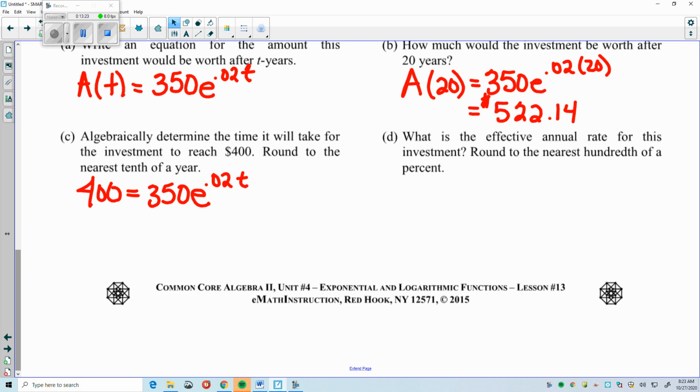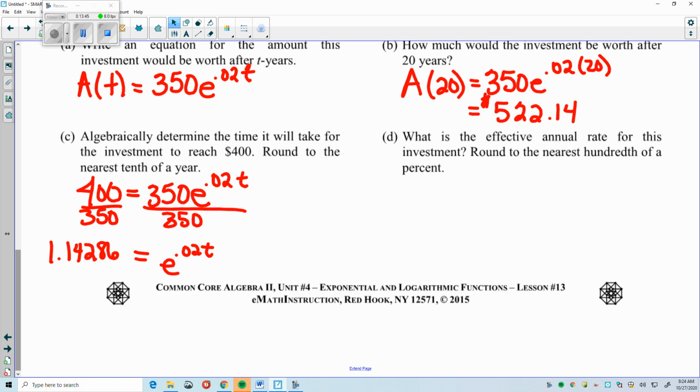Okay, so the very first thing that we would need to do in order to solve is divide each side through by 350. So on the right side, we're left with e to the 0.02t.